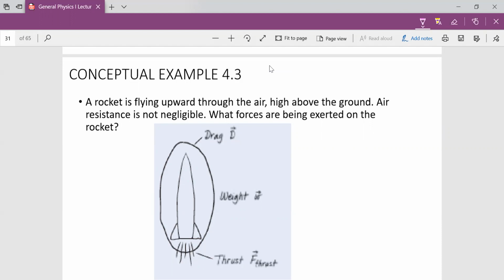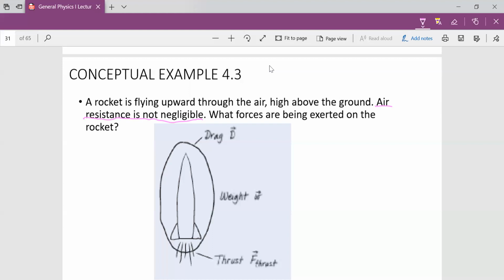So the last example under this is the example of the rocket that is flying upward through the air. A rocket is flying upward through the air, high above the ground. Air resistance is negligible. Remember we said that unless otherwise specified, everything we'll be doing will be such that we'll be neglecting air resistance, okay?